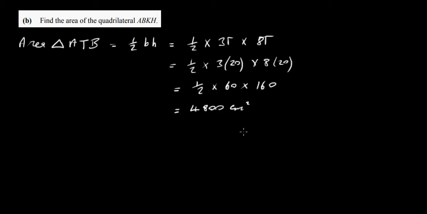centimeters squared. We now want the area of the rectangle THKB. That's just length times width, so 3r times 8r.